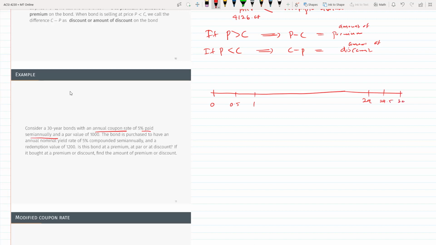The coupon amount is what? The face value is 1,000, and the coupon rate is 5%. You have to divide by 2 because it's a nominal rate.